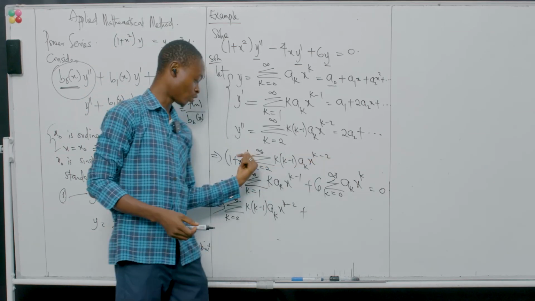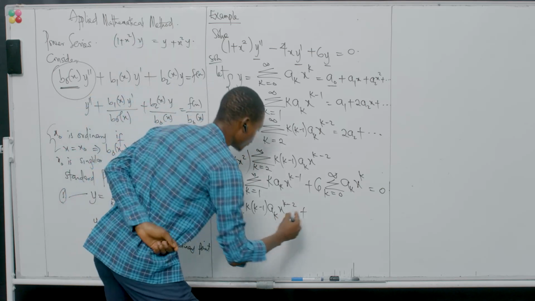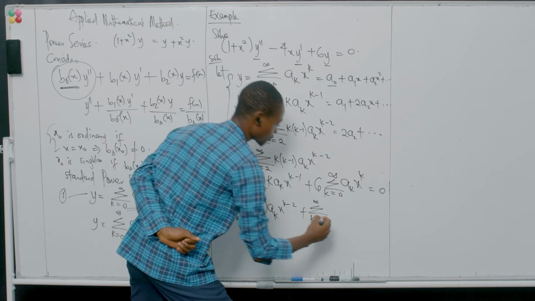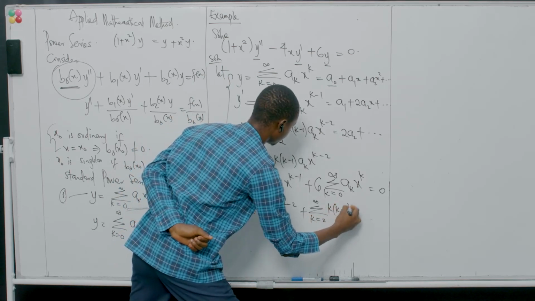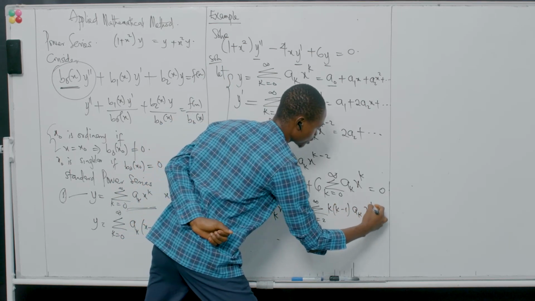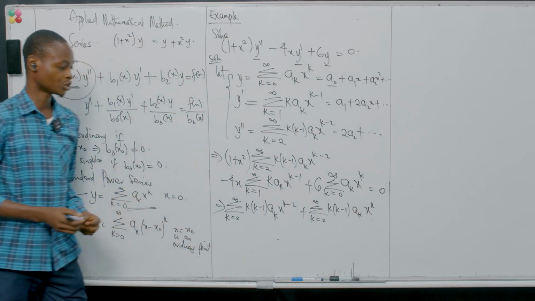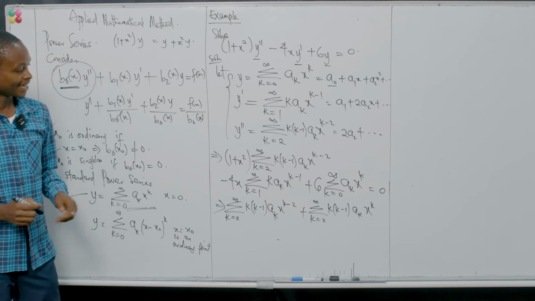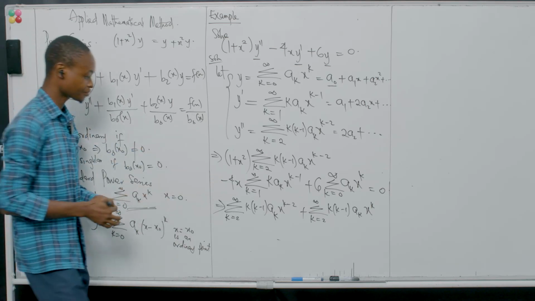Minus 2 plus 2, that's 0. So we have summation k starting from 2 to infinity, k minus 1, ak x raised to power k. That's fine, right? Next, we come here.